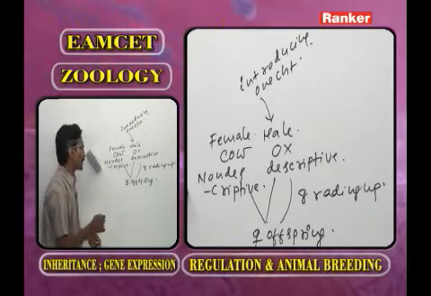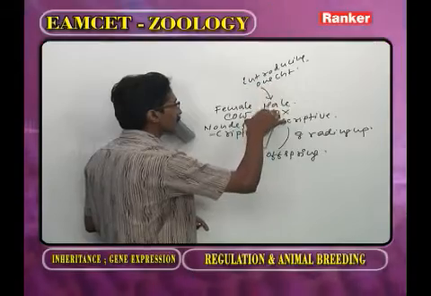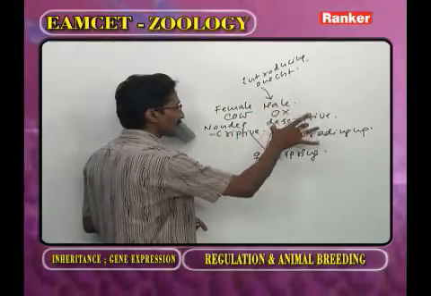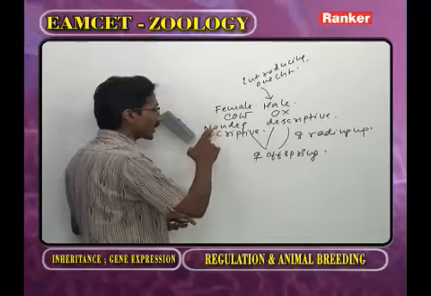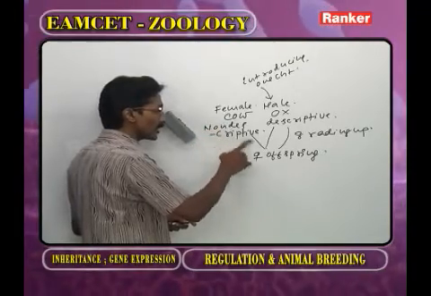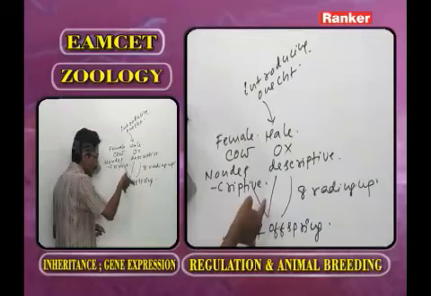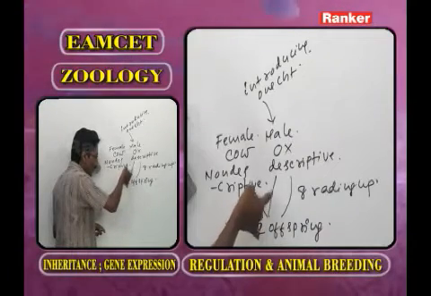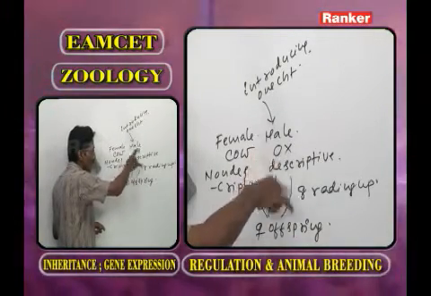Students, again repeating, this is the male animal. We are introducing one character. Now the male is said to be descriptive. This descriptive male crossed with the non-descriptive female, we are getting the female offspring. Now generation to generation we cross the female offspring with the descriptive male.